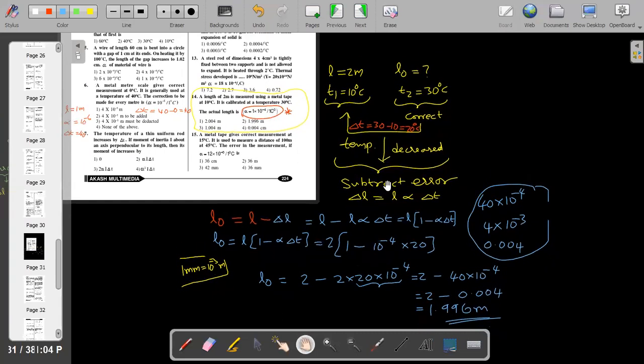Subtract the error means they are asking us to find the original length. Original length is nothing but L minus delta L. So I did L minus L alpha delta T, substituted the data, and finally I got 1.996 meter. So my answer is the second option. Is it clear about this one? Yes, sir. Clear? Okay then.